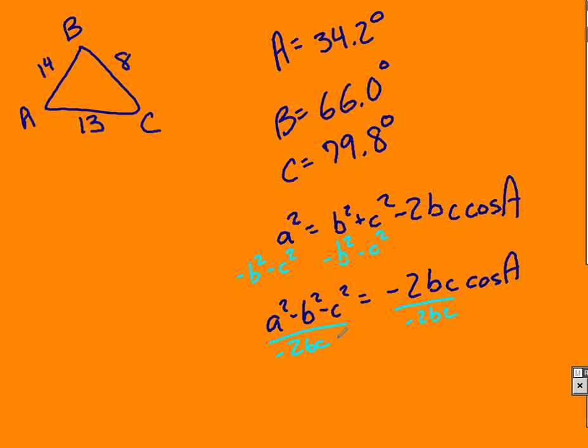And that's going to leave me with cosine of A equal to, this negative is going to distribute to everything up here, so B squared plus C squared minus A squared all over 2BC.